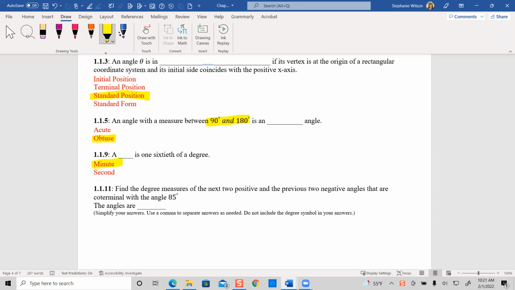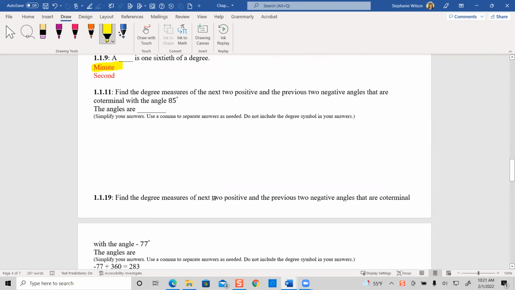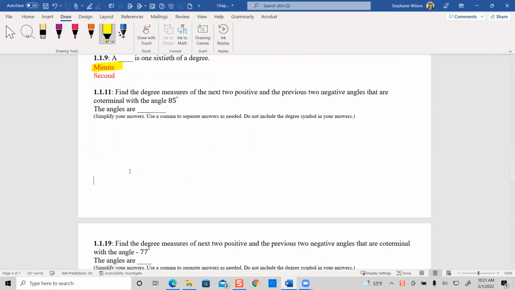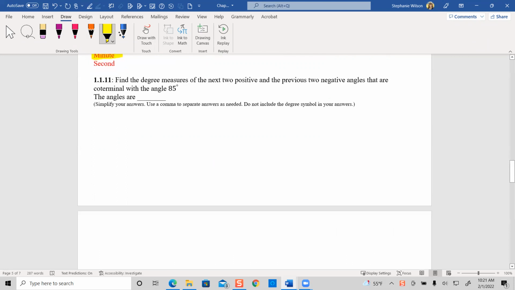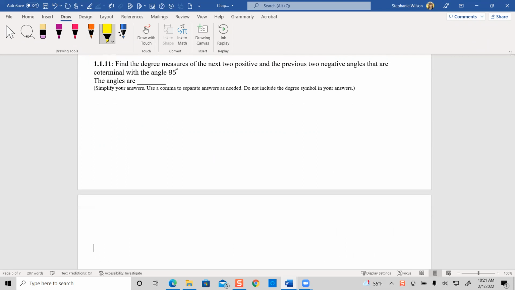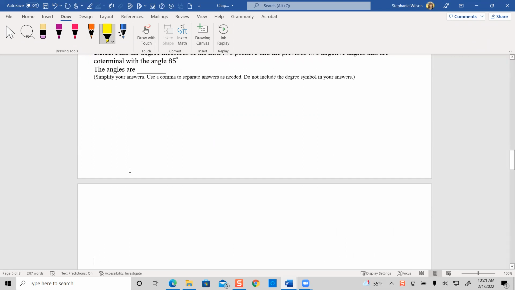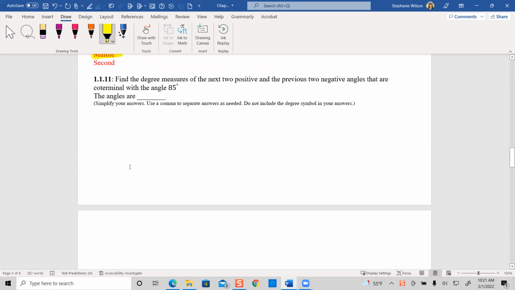Okay, so let's work this next one. Let's give ourselves some room. We're going to find the degree measures of the next two positive angles and the previous two negative angles that are coterminal with the angle of 85 degrees. All right, so let's solve for it.